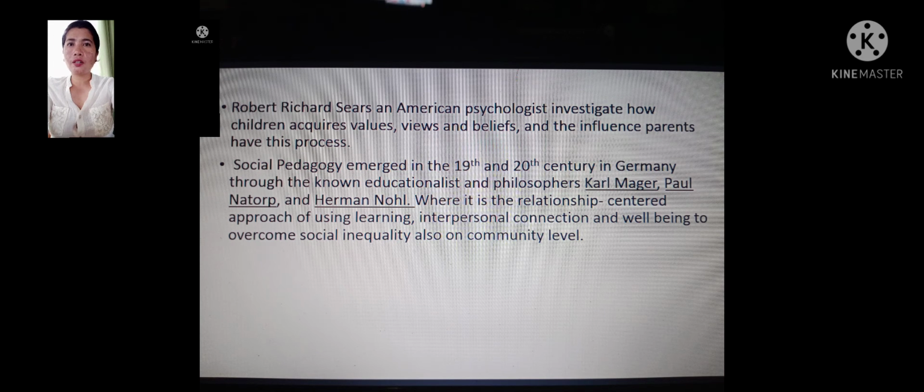Albert Bandura's contemporaries investigated how children acquire values, views, and beliefs, and the influence parents have on this process.